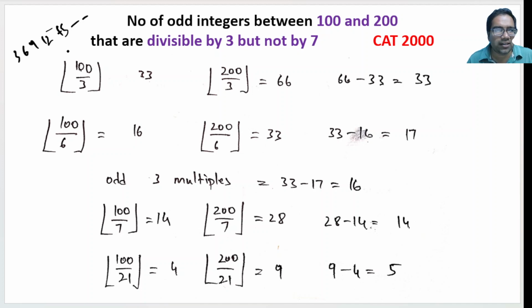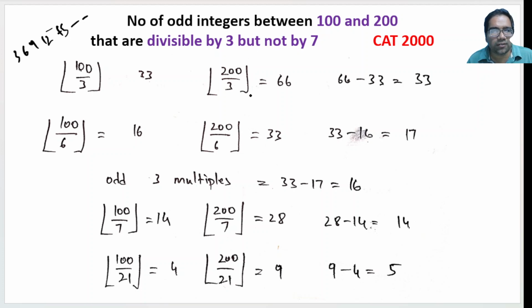How many of these are there? These will be 100 by 3, floor, because we don't want the decimal part of it. So 3 goes in 100 how many times? 33 times. 33 times 3 is 99, one left. So we have 33 multiples of 3 in 100. Similarly, we have 66 multiples of 3 in 200.